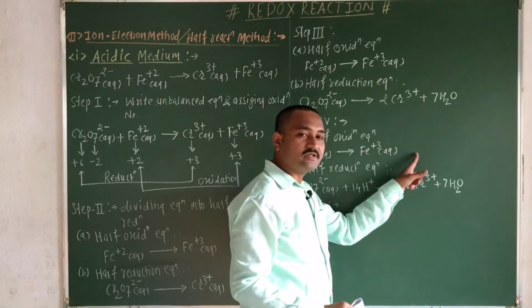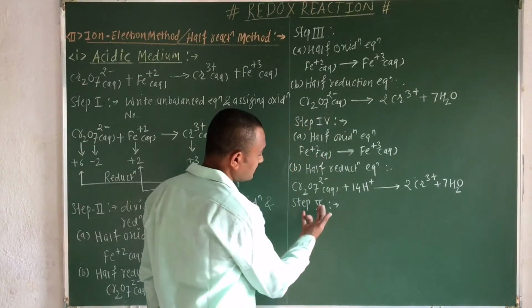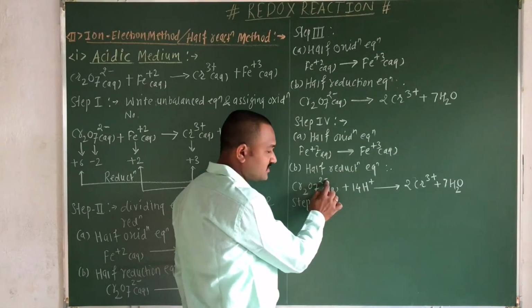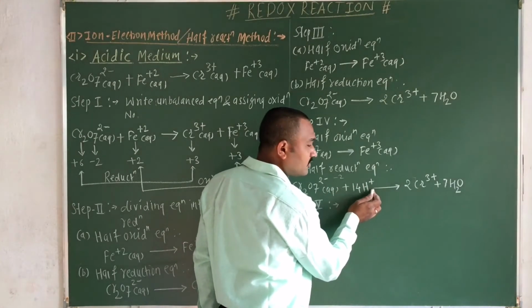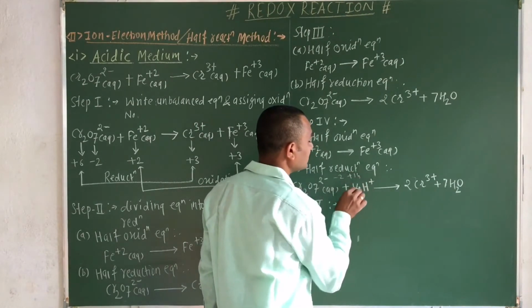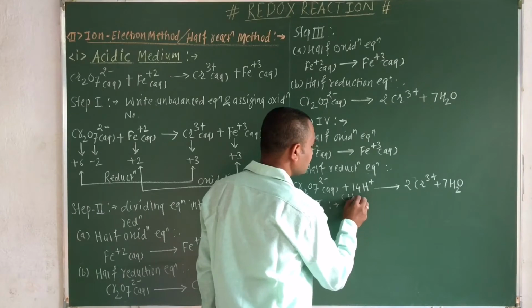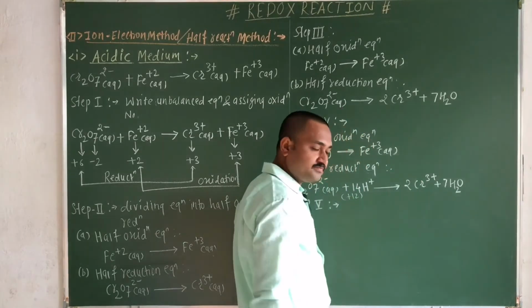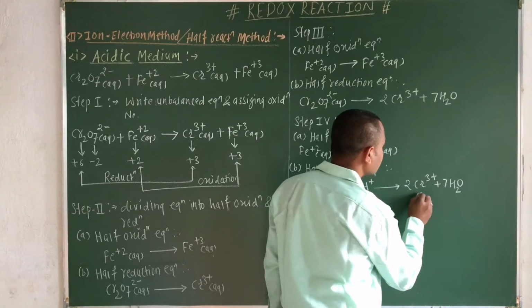An electron has a negative charge, so it will be plus 2 on both sides. Now let us count for the second half equation. Cr2O7 2- means minus 2 charge, is it right? And 14 protons have plus 14 charge, which comes out as plus 12 on the left hand side. On the right hand side, 1 chromium has plus 3 charge, so 2 will have plus 6.